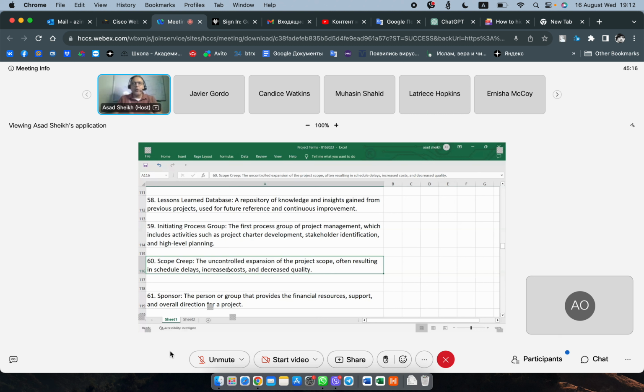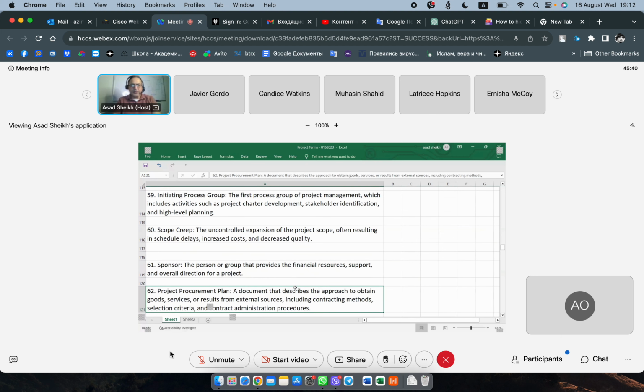It's called scope creep, and it's not a good thing. The uncontrolled expansion of the project scope, often resulting in schedule delays, increased costs, and decreased quality. So just keep this in mind. In the PMP, if they talk about these things, they're talking about scope creep.